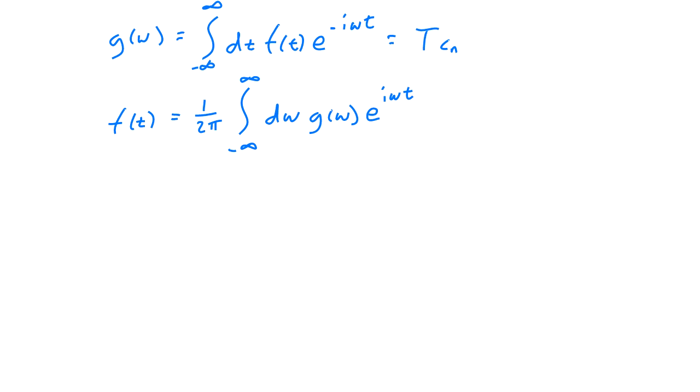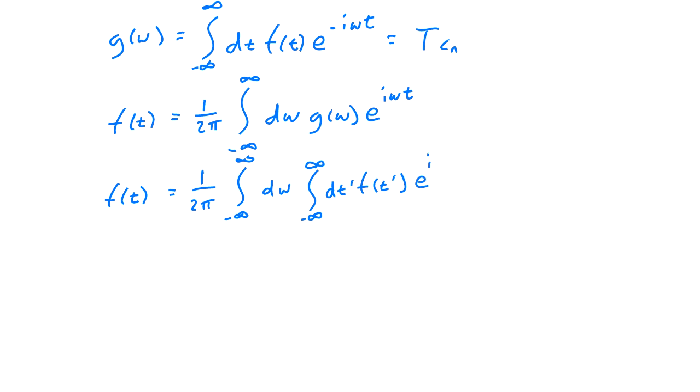And you could see from this that f of t should just be equal to 1 over 2 pi times the integral from minus infinity to infinity of d omega times the integral from minus infinity to infinity of dt prime f of t prime e to the i omega (t minus t prime).